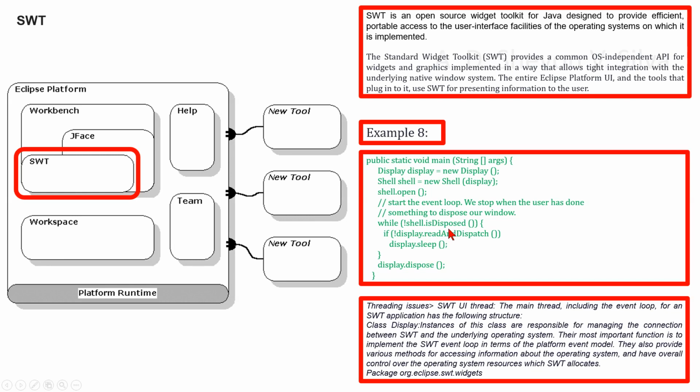If there are no events available in the queue, we tell the display to sleep to give other applications a chance to run. SWT provides a special access method for calling widget and graphics code from a background thread. Start the event loop. We stop when the user has done something to dispose our window.